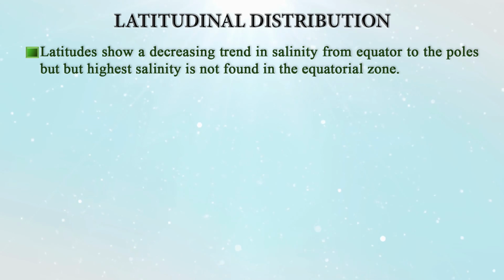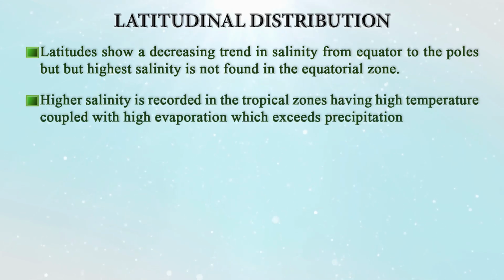So, salinity is lower in equatorial areas compared to the tropical areas. Tropical areas have the highest salinity, because of the high temperatures and high evaporation prevailing in those regions, which exceeds the amount of precipitation there. So tropical regions have higher salinity.